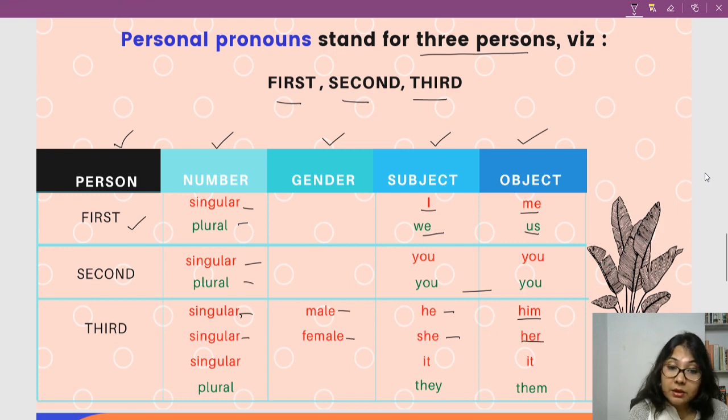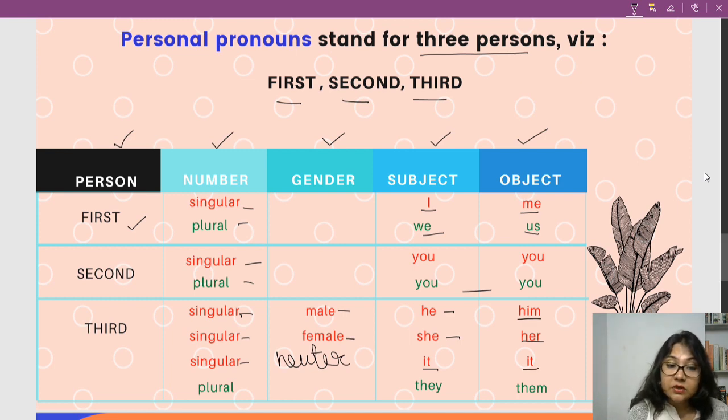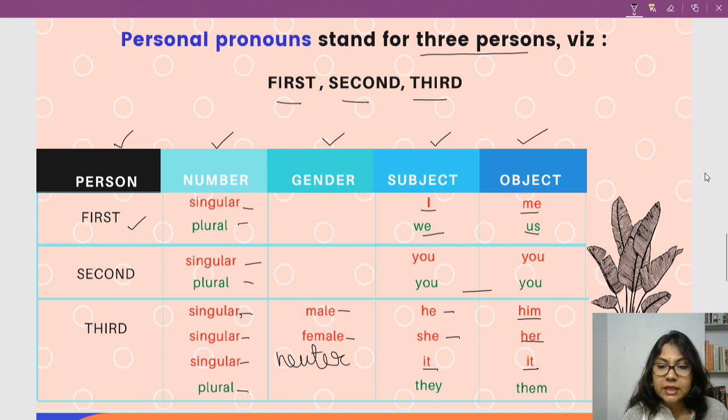Now again, in the third person, if it is singular and if it is non-personal or if it is neuter gender, then the subject is always it, or same goes with the object. Now in the third person, if it is plural, we say they in subject, them in object.